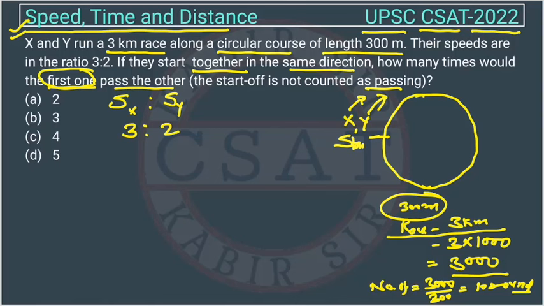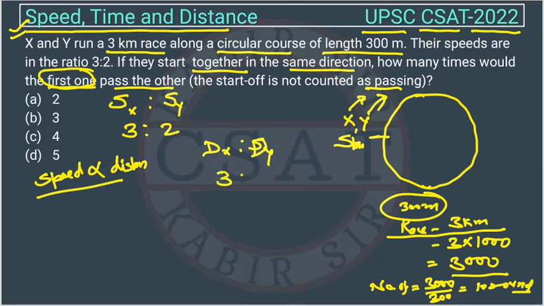Okay, so we know that distance is directly proportional to speed if time is constant. So their distances will also be in the ratio of their speeds. So this will be 3:2, right? Everybody's noted? So their distance will be in the ratio of 3:2. So what does it mean?